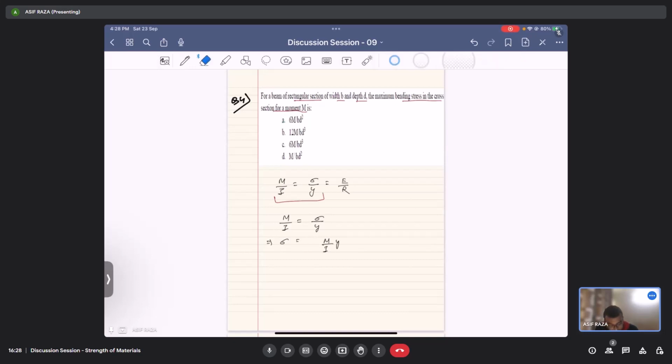Now to get the maximum bending stress, we need to have Y max, right? For the rectangular cross section, if we are having width as B, depth as D, I would be equal to BD cube by 12 and Y max would be equal to D by 2, right?